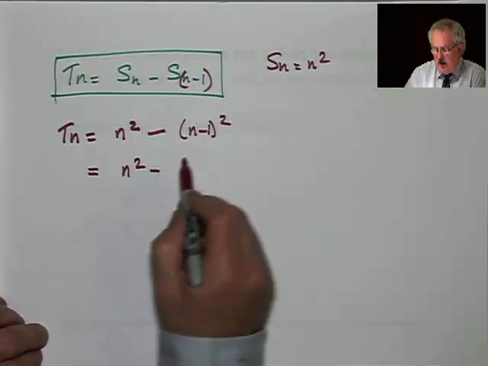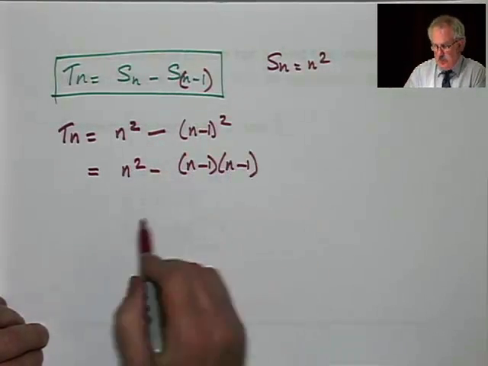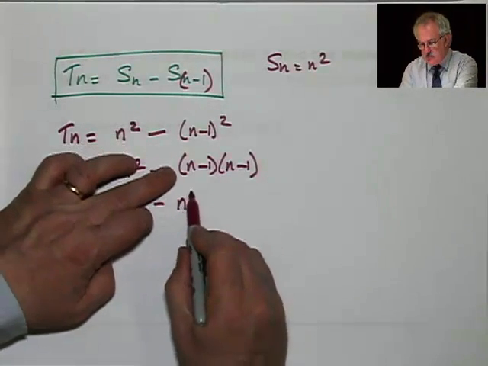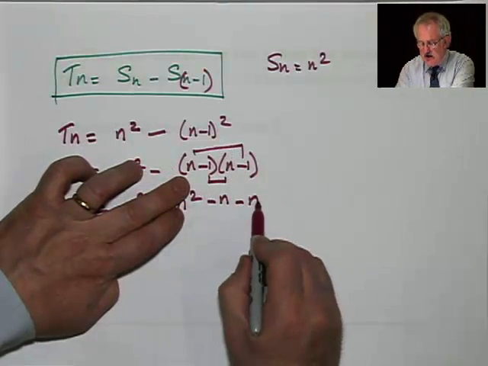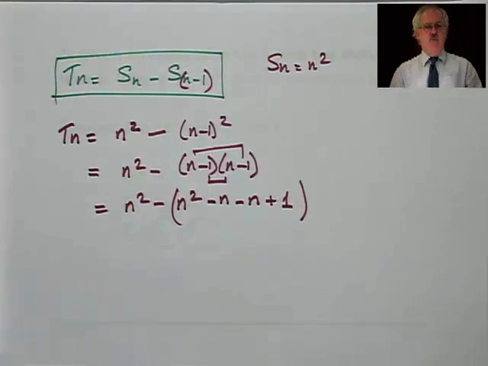N squared minus, we multiply this out, n minus 1 times n minus 1. N squared minus the FOIL method. N by n is n squared, minus n, minus by minus is plus, and brackets around the whole lot.